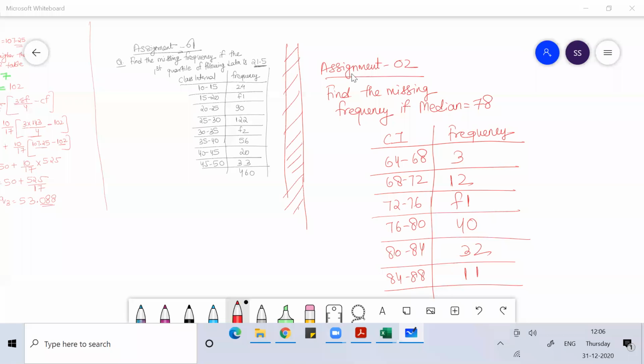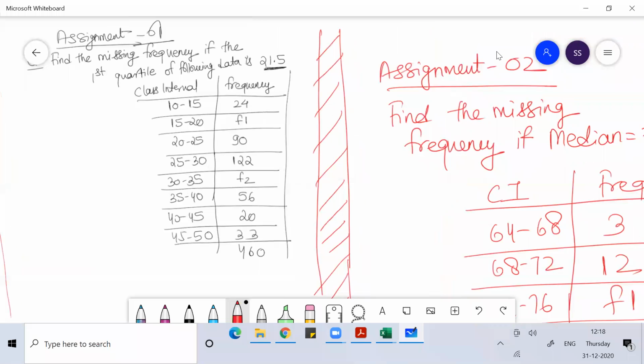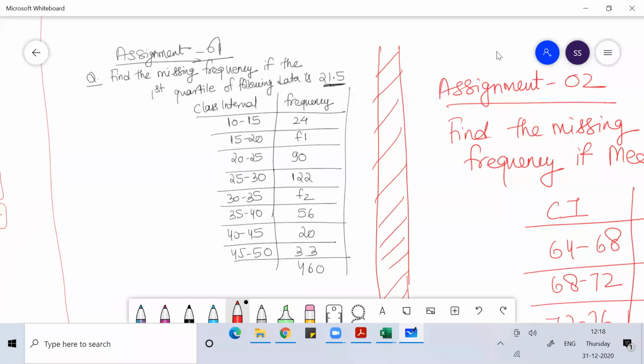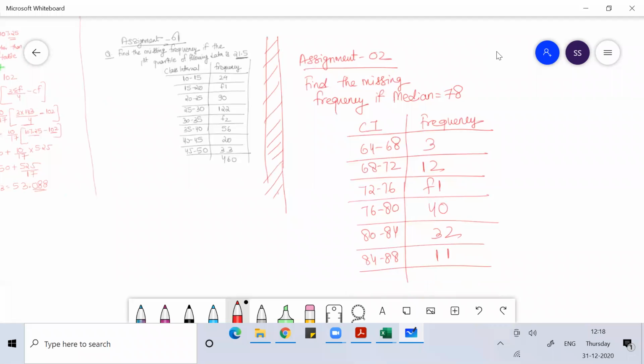So these two are your assignment. This was your assignment one: you have to find the missing frequency if your first quartile is 21.5. This is the data given, and this is your assignment two. I'll very soon, in an hour or two, upload the solution. Make sure you watch the solution of these questions.